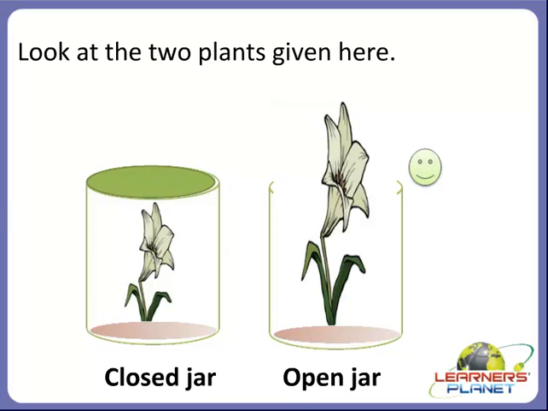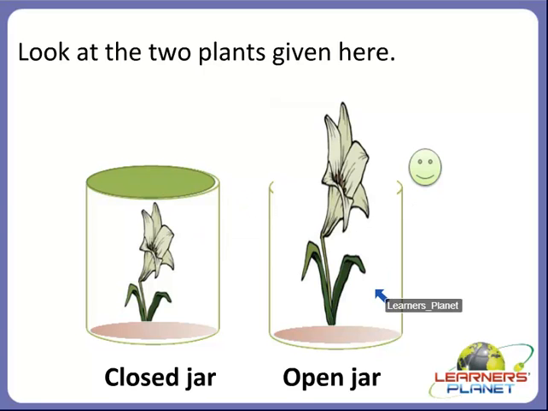So children, look at the two plants given here. You can see in the picture, this is a closed jar with a plant in it, and it is in the soil.